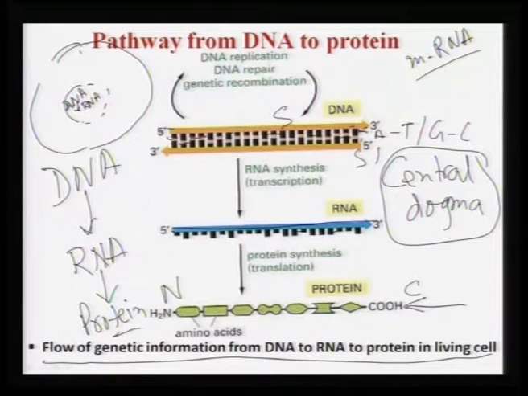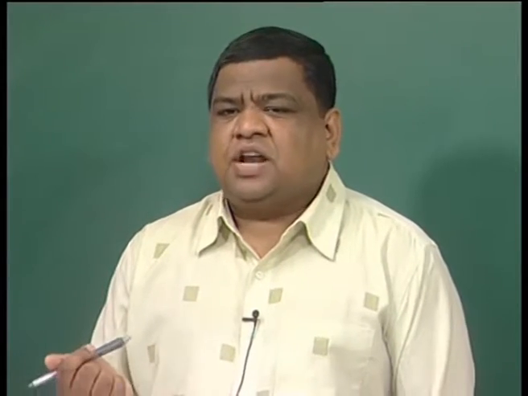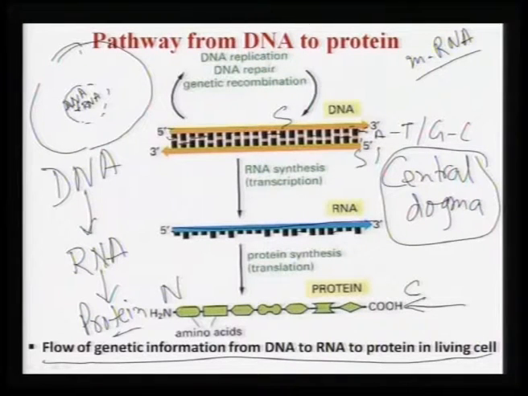Once this RNA is synthesized, that is once it is transcribed, it goes through certain processing stages known as RNA splicing. RNA splicing means the simple RNA is processed to a more refined form called mRNA before this mRNA goes outside the nucleus to the cytoplasm.